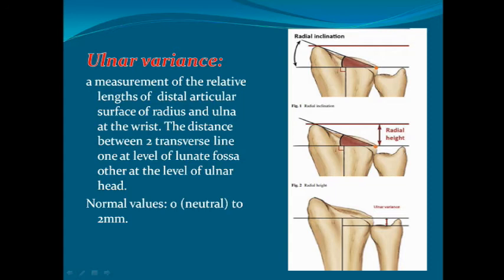The distance we get, we call ulnar variance. Variance means difference. Normal values are 0 to 2 mm.